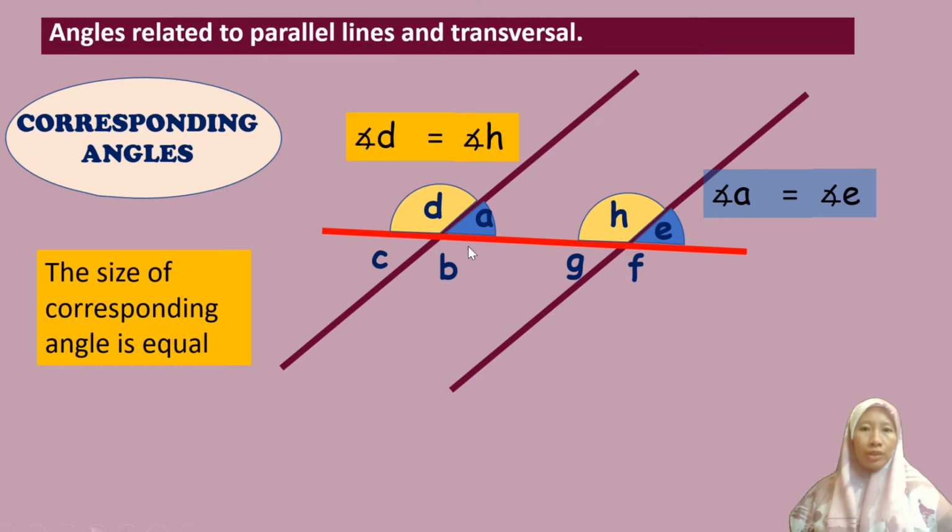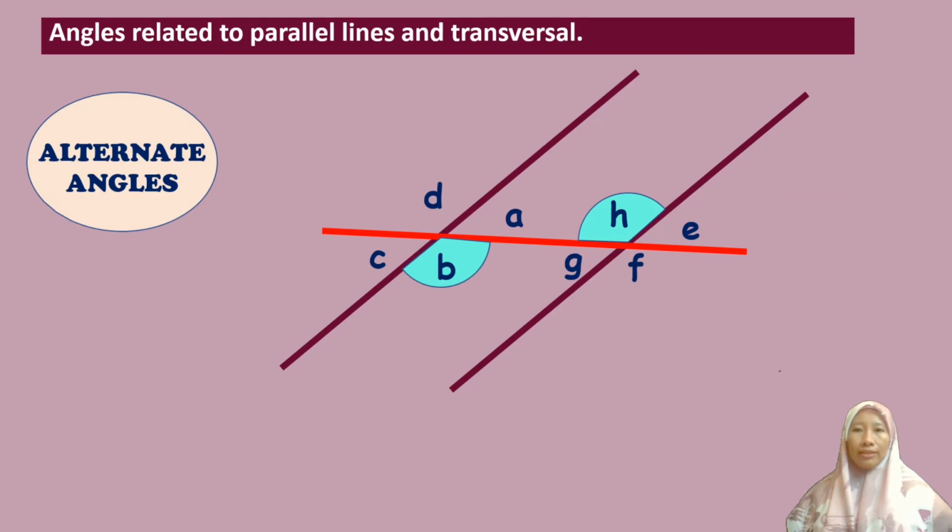In this case, we can also have angle B corresponding to angle F, and also angle G corresponding to angle C. Now let's move on and look at alternate angles.